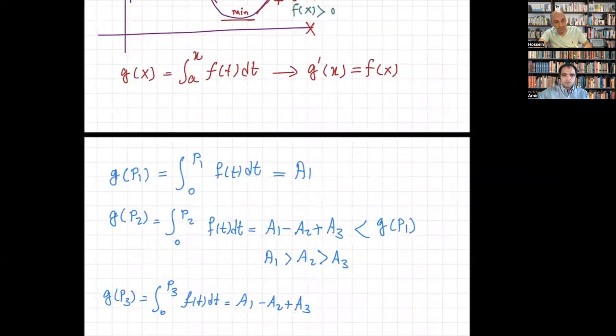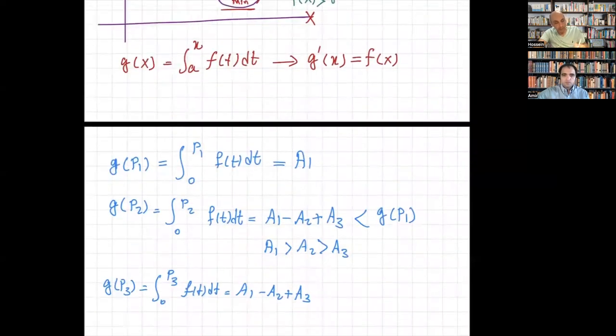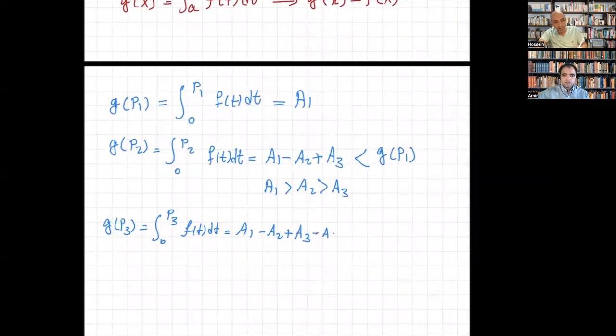So I have minus A4 plus A5. And I know A1 is greater than A2, greater than A3, and A3 is greater than A4, and A4 is greater than A5.